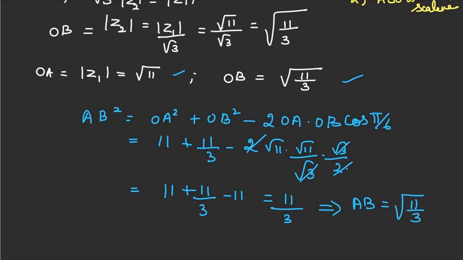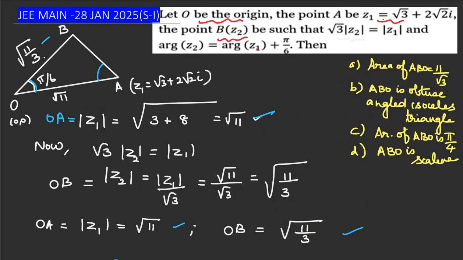Now from the diagram, the side AB is equal to root of 11 by 3. If this angle is equal to pi by 6, therefore this angle A is also equal to pi by 6. Since these two sides are equal, the opposite angles are equal, it forms an isosceles triangle.